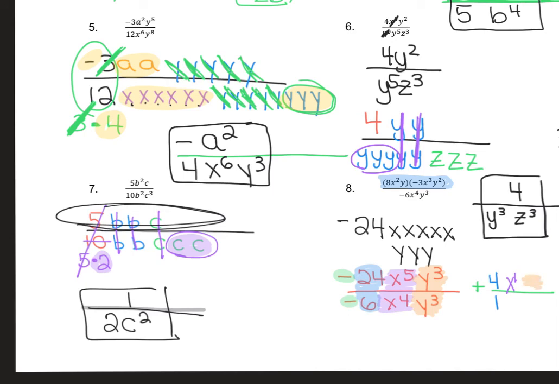No. So are you going to have any left? No, you're not. So our answer is simply positive 4/1x, or 4x, right? Positive 4/1x, or just 4x. And there you have it.